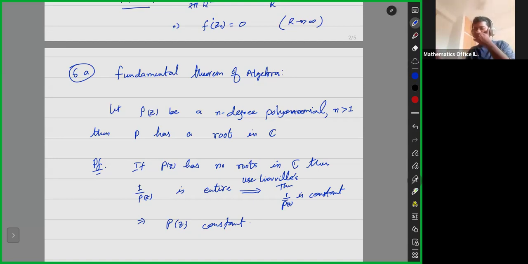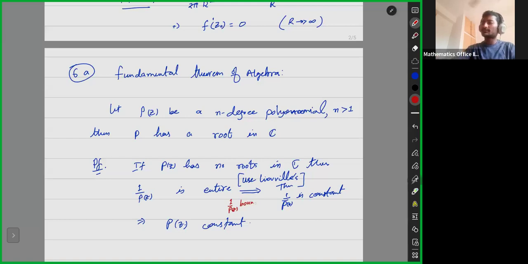So in a disk of radius r, if you take the closure of that, it is just a compact set where it is already bounded. So in the complement of the disk, we show that this is a bounded function. Okay, so that is the proof, you can find it. But I am just giving you the idea of how the proof of this was.